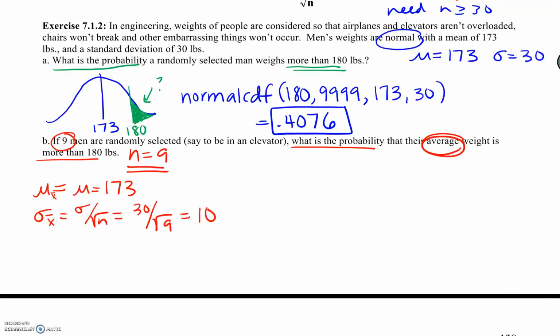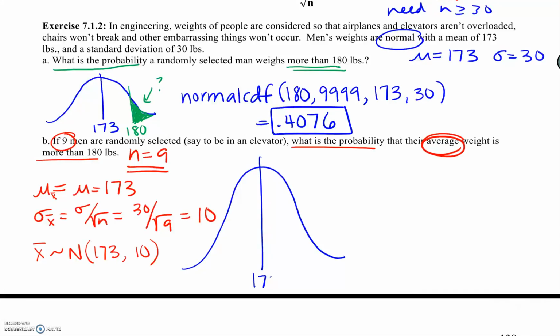Now that we know what our distribution is, that x bar follows a normal with 173 and 10, now that we have this new distribution, we can go ahead and draw our curve. We're still interested in the same thing, more than 180.